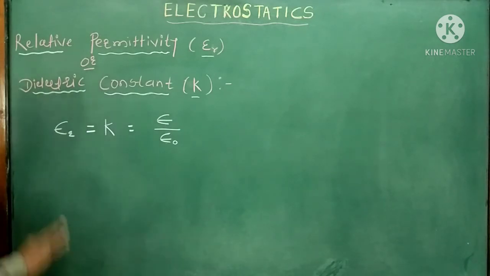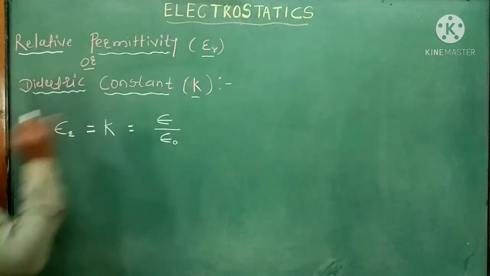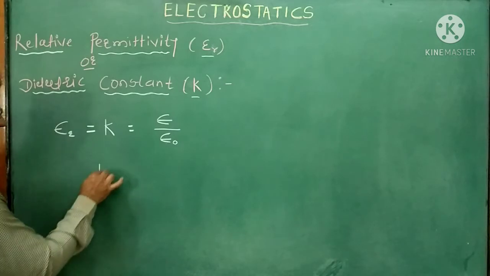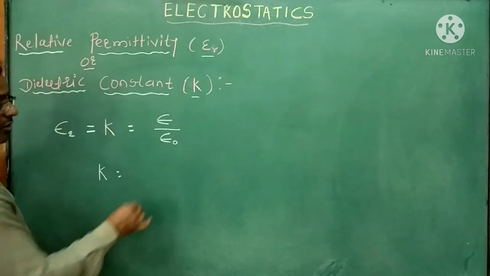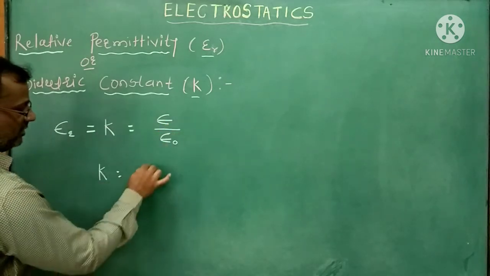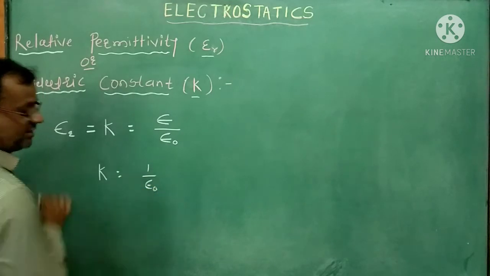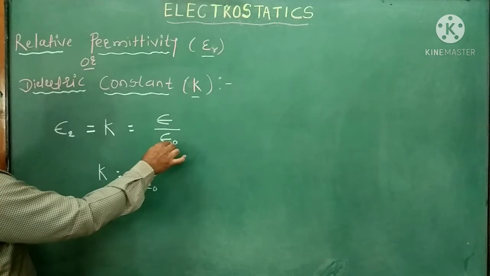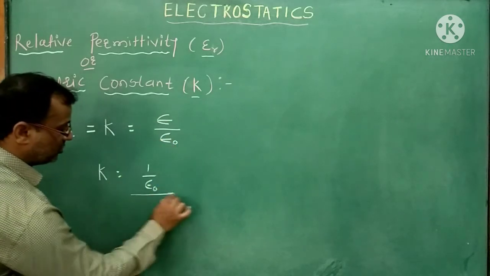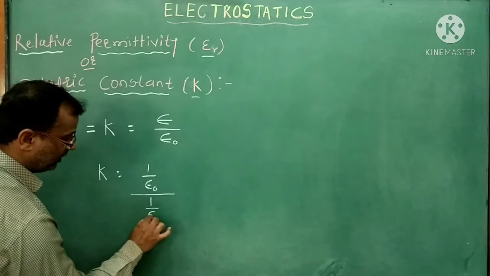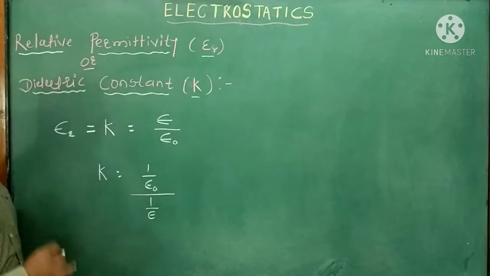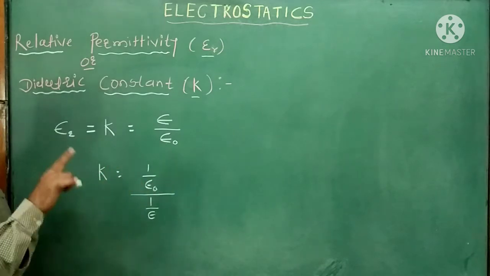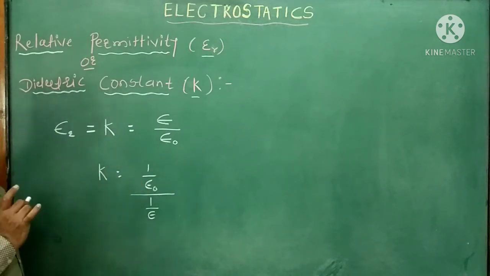That ability is represented by the letter epsilon, that is the permittivity. Right? Then, if we rearrange this, what do we get? Here 1 upon epsilon 0 is as it is. Now we transfer this epsilon to the denominator, so we get 1 upon epsilon. If we multiply and divide by the same quantity, there is no effect on the original one.